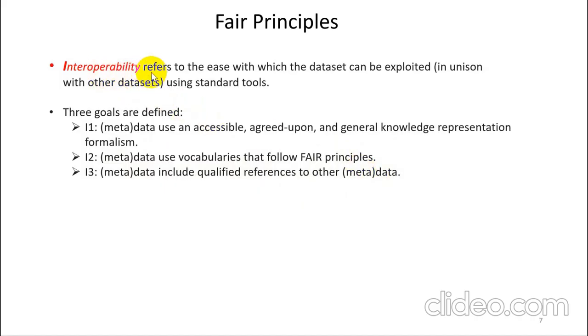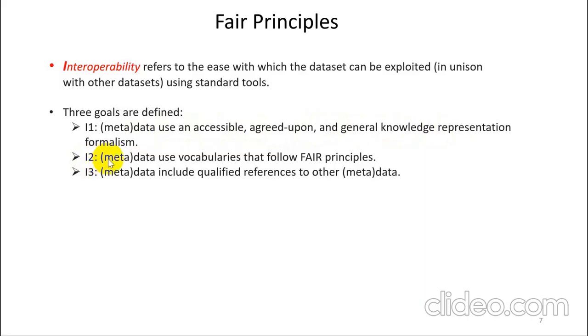For interoperability, it refers to the ease with which a dataset can be exploited in union with other datasets using standard tools. Three goals are defined. The first one is that metadata and data use an accessible, agreed-upon, and broadly applicable knowledge representation formalism.